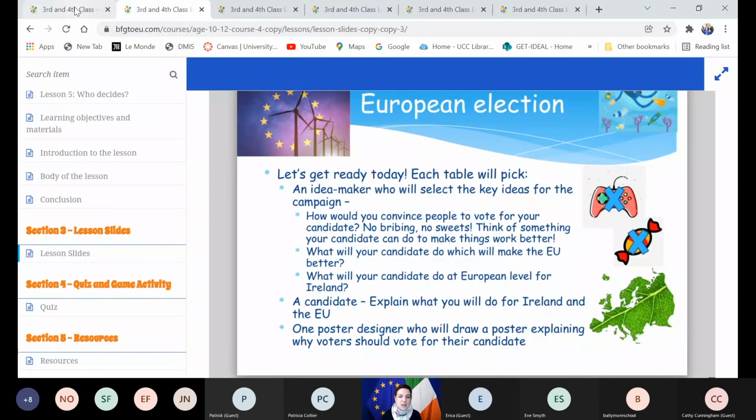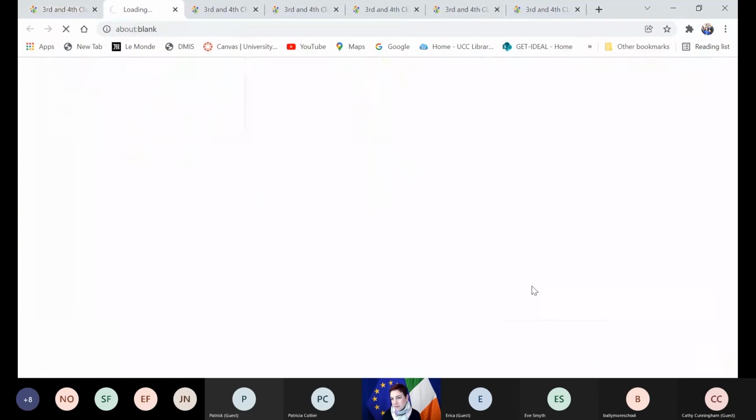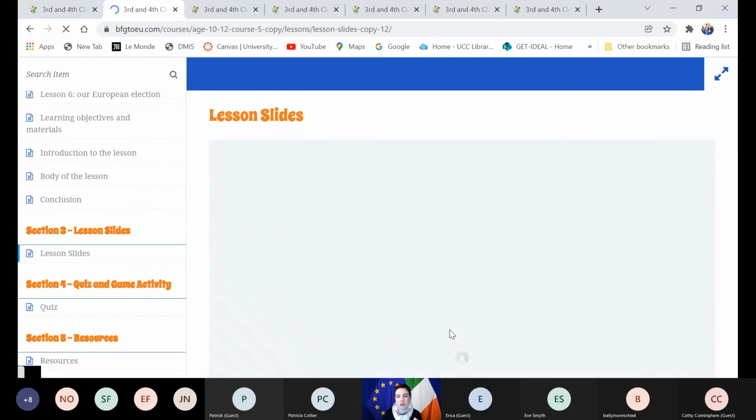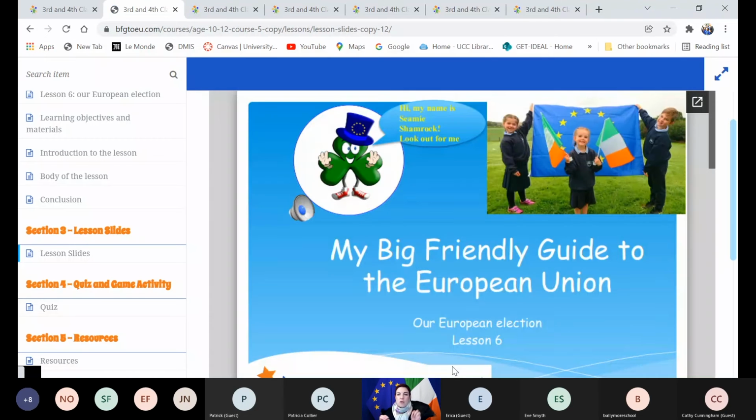So let me just finish with lesson 6. Lesson 6 is largely taken up by the election. What I would like to draw your attention to is to try and organize corners of your room where there can be some level of privacy in terms of voting. So we're trying to show the children that a vote is personal and private.